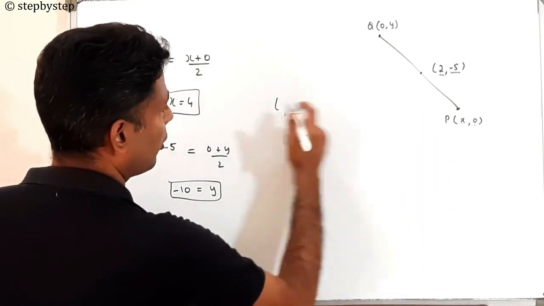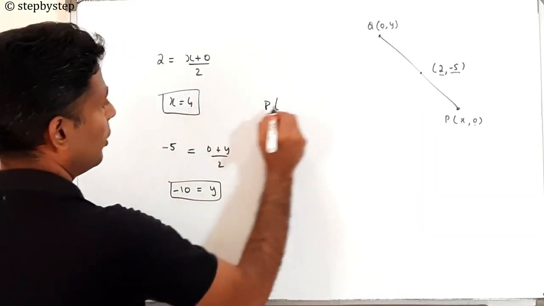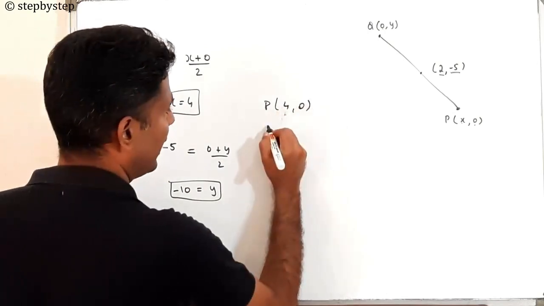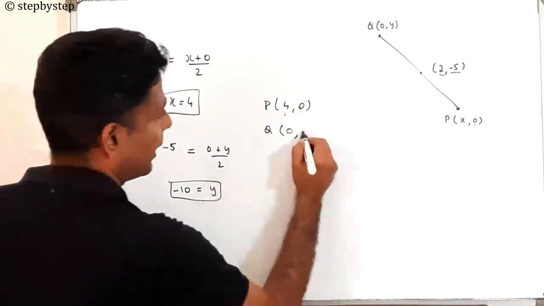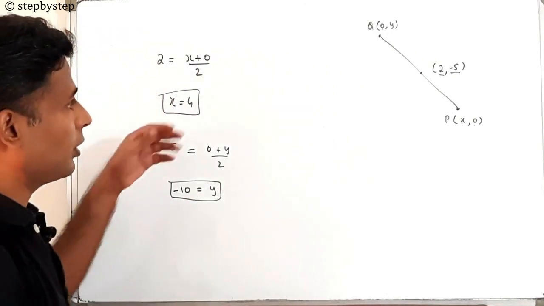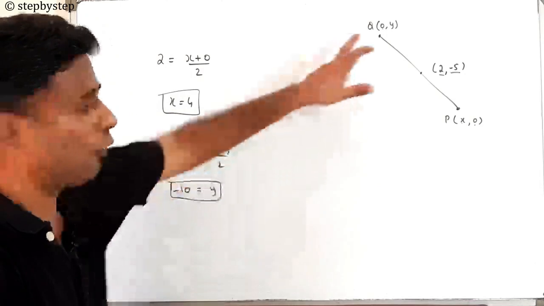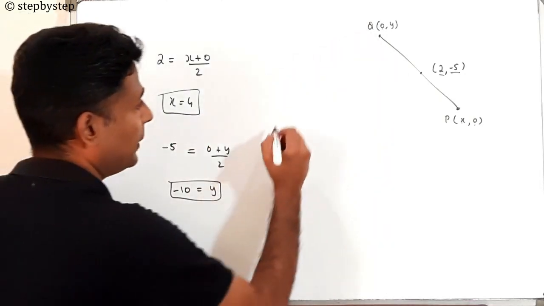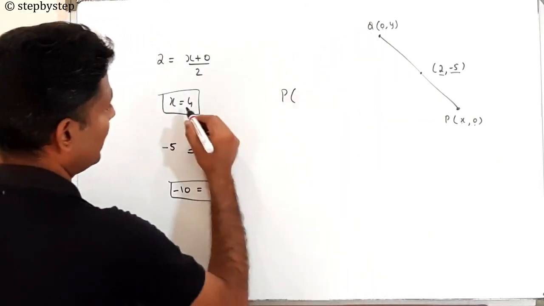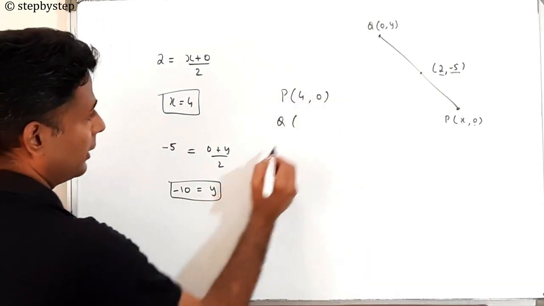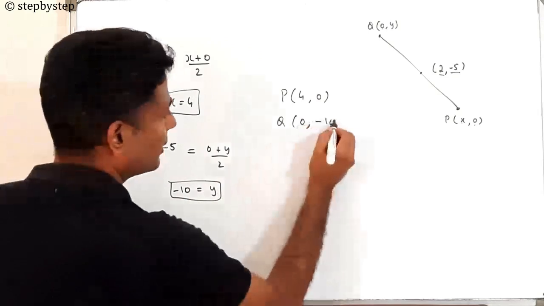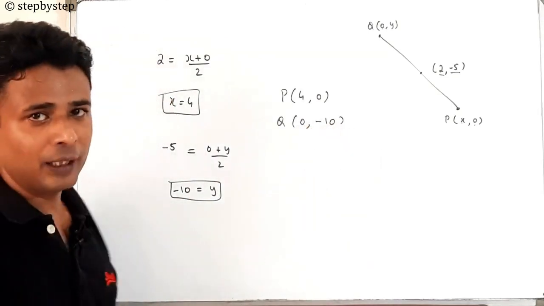The P coordinate is x comma 0, that is 4 comma 0, and the Q coordinate is 0 comma y, that is 0 comma minus 10. Hence, the P and Q coordinates are 4 comma 0 and 0 comma minus 10. Very simple problem.